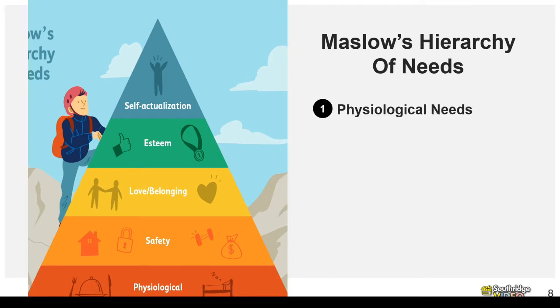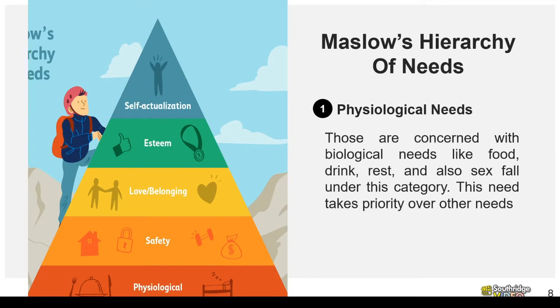First, the first level is the physiological needs. These are concerns with biological needs like food, drink, rest, and also sex fall under this category. This takes priority over other needs since this is the one that gives us more survivability in this world.